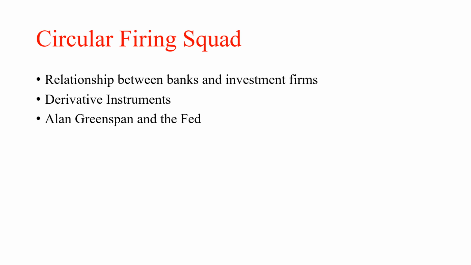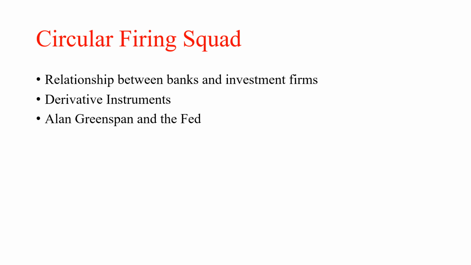It is important to revisit the relationship between banks and investment firms and describe what has become known as the circular firing squad. Let's review. Banks originated mortgages, banks packaged these mortgages together, and banks sold these mortgages to investment firms as financial instruments known as mortgage-backed securities.